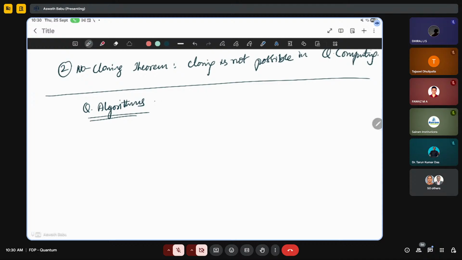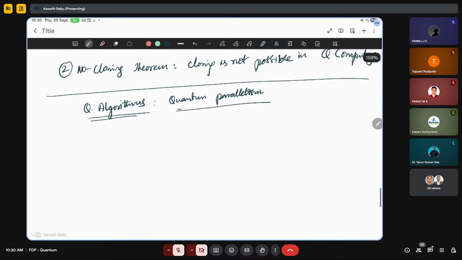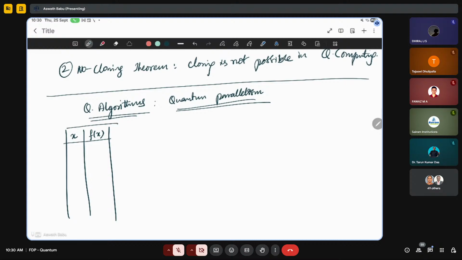There is something called quantum parallelism. What is quantum parallelism? It's a parallel task. As we know, let's say there is a function f of x, and there are x values which will go into the function. Let's say x starts from 0, 1, 2, 3, 4, 5, 6, 7, 8, 9, so there are 10 values.